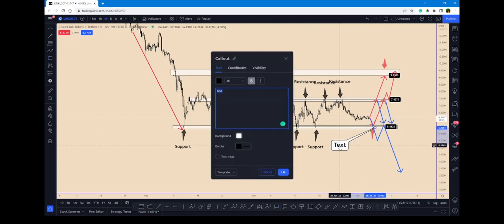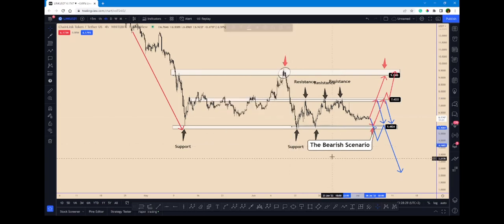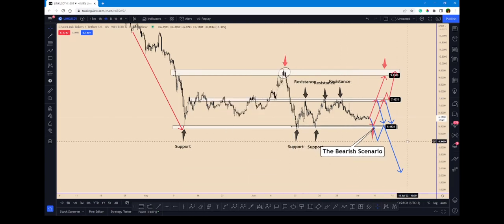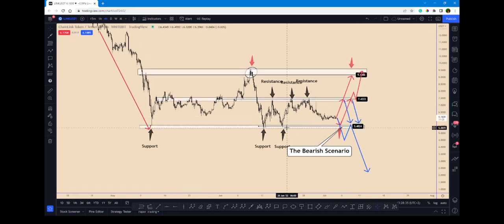So this is for the sellers, where the sellers are positioned. So in this way we can see that the bulls and the bears both have chances in this type of trading. When one is invalidated, the second one is validated.